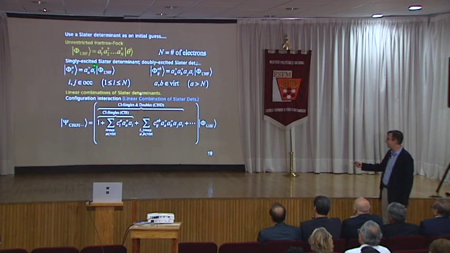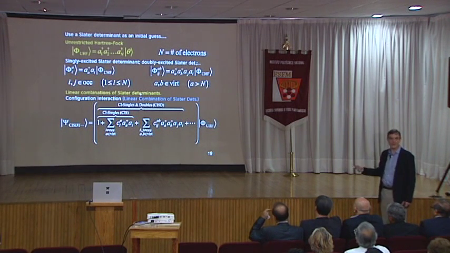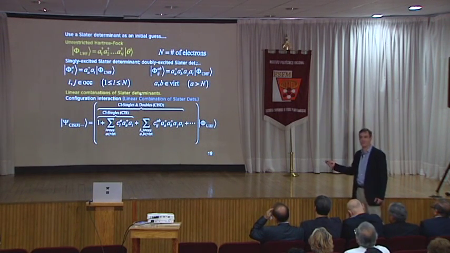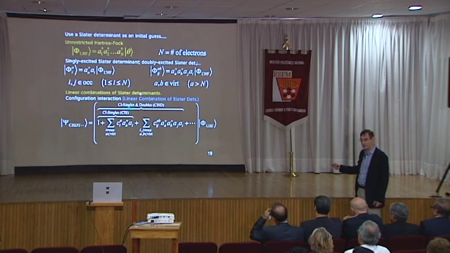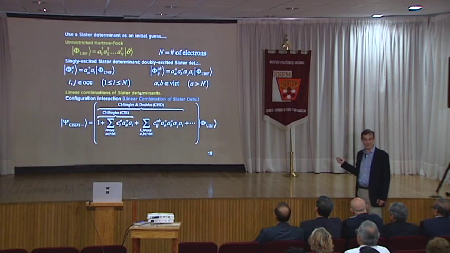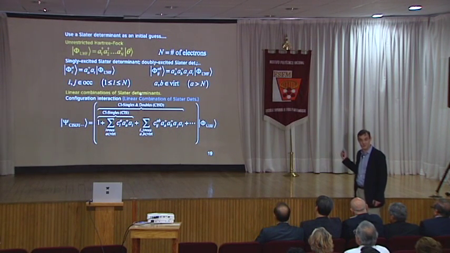And I can do excitations by removing something from the reference and adding it to an unoccupied orbital, removing 2 electrons from the reference, adding to 2 unoccupied orbitals, and that will get me back a way of systematically expanding a reference state plus all the single excitations plus all the double excitations and so on. This would be a type 1 method, a conventional method where you take one electron configuration and correct it. We've already established this isn't going to work very well for our problems. Nonetheless, it's useful to sort of introduce the notation.